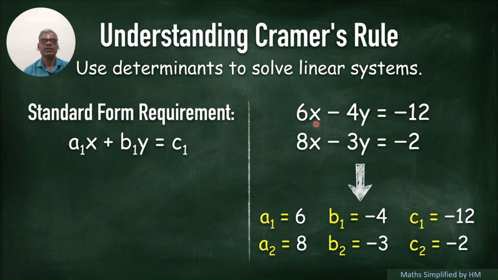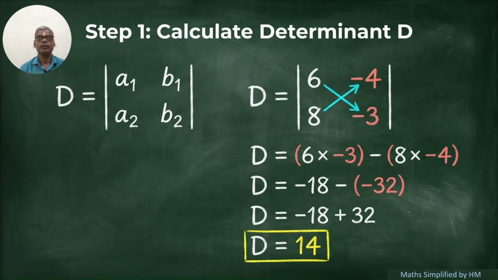First equation is 6x minus 4y is equal to minus 12 and second equation is 8x minus 3y is equal to minus 2. Comparing with a1x plus b1y is equal to c1, we get a1 is equal to 6, b1 is equal to minus 4, c1 is equal to minus 12, a2 is equal to 8, b2 is equal to minus 3, c2 is equal to minus 2.